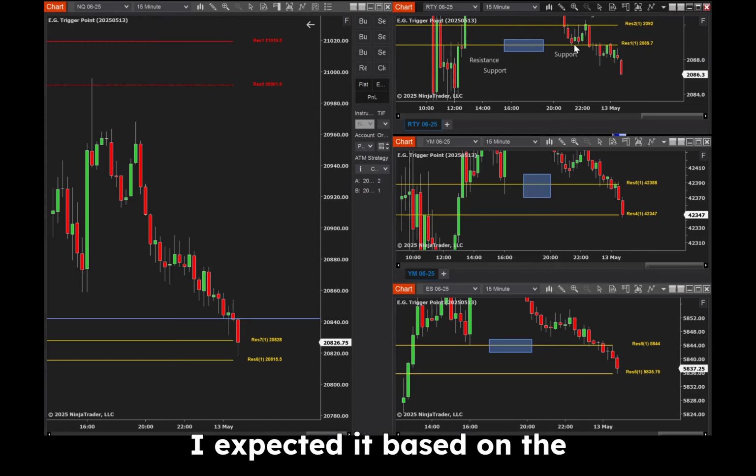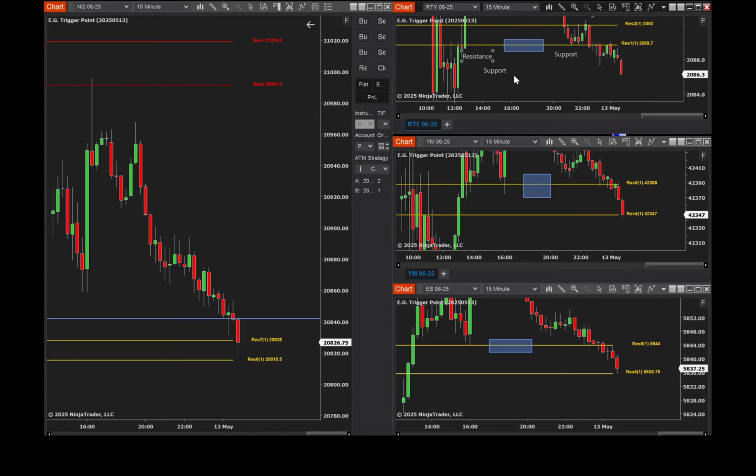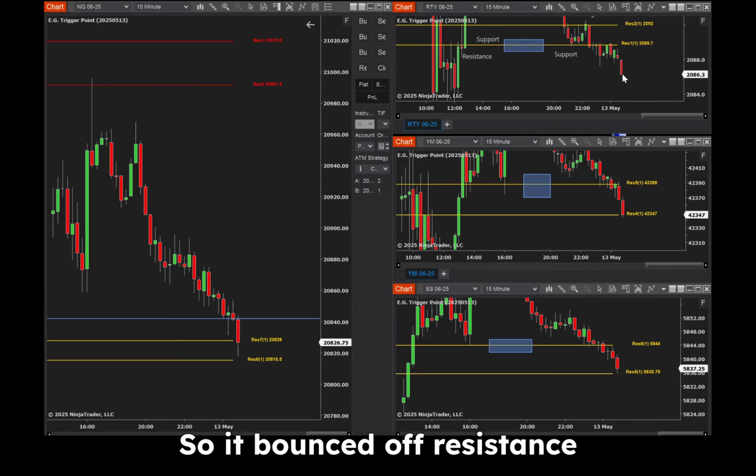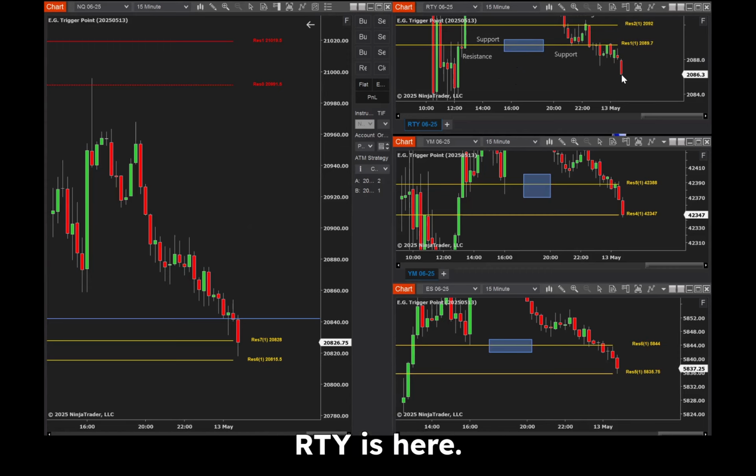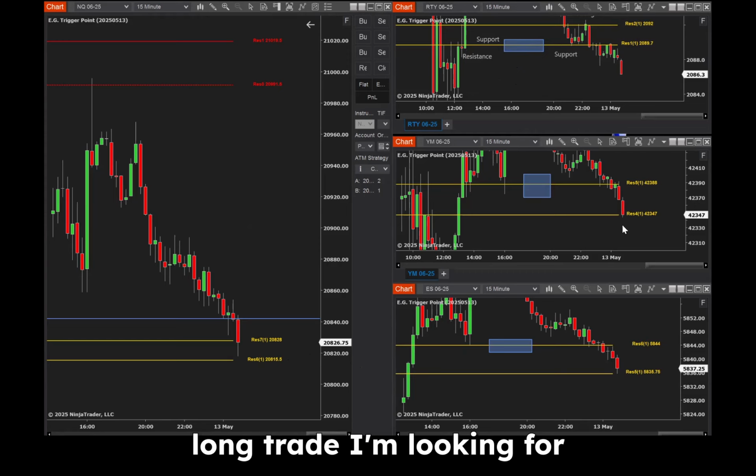I expected it based on the context of this line. So it bounced off resistance and it gave me over 3 points. For RTY, it's a lot. At this point, RTY is here. It is not contradicting the long trade I'm looking for because it's already here.